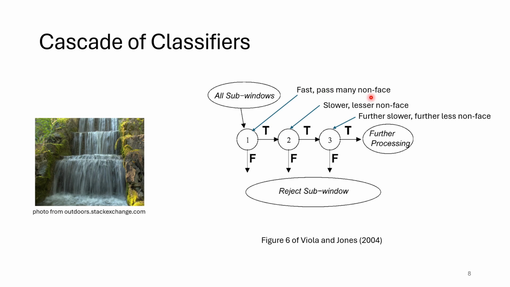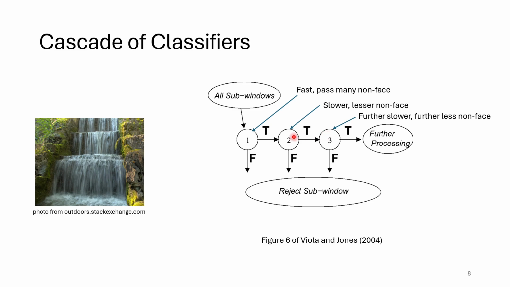It means it generates many false positives. The second one is slightly slower, but slightly more accurate. It passes fewer non-face images. And the third is further along. So it is a series, or a cascade, of classifiers.